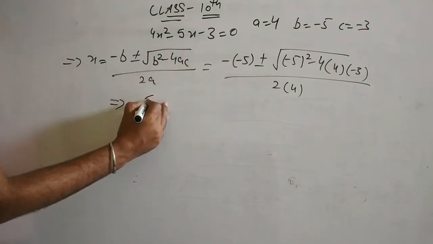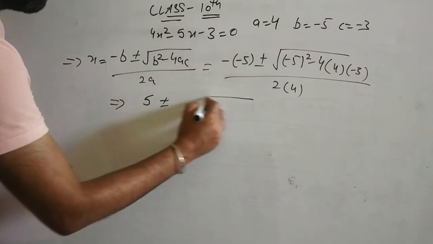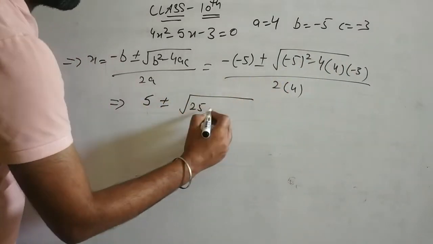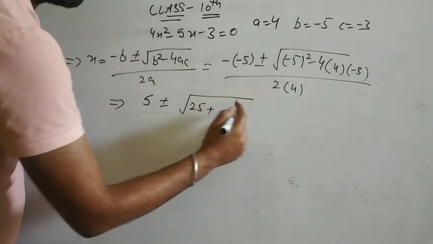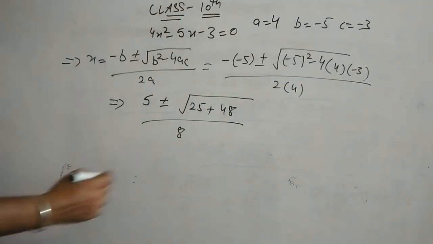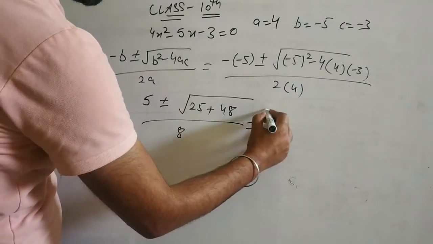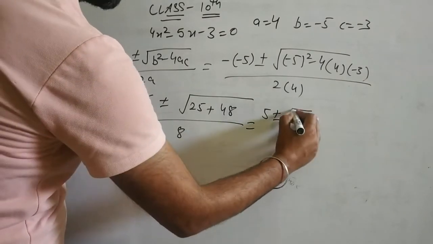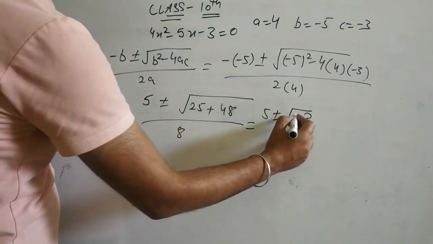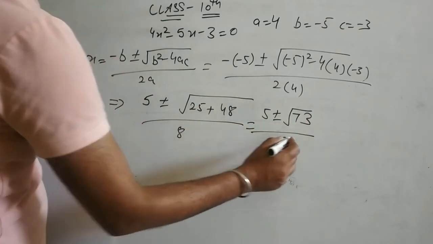Minus minus plus 5 plus minus under root minus 5 square, that is 25. Again minus minus plus, 4 4s are 16, 16 into 3 is 48, plus 25 gives 73. The denominator is 8. So now it is 5 plus minus under root 73 over 8.